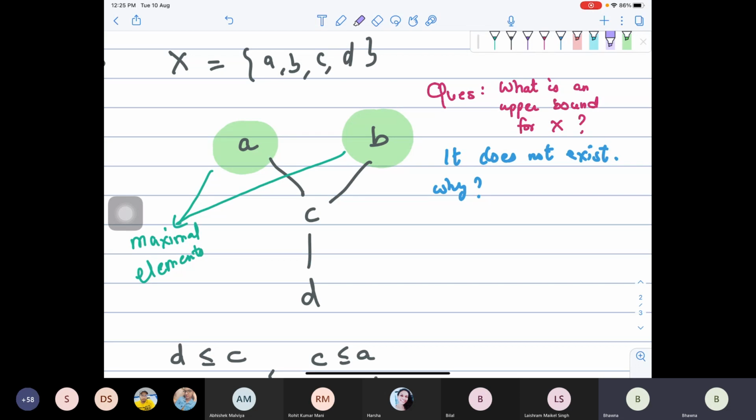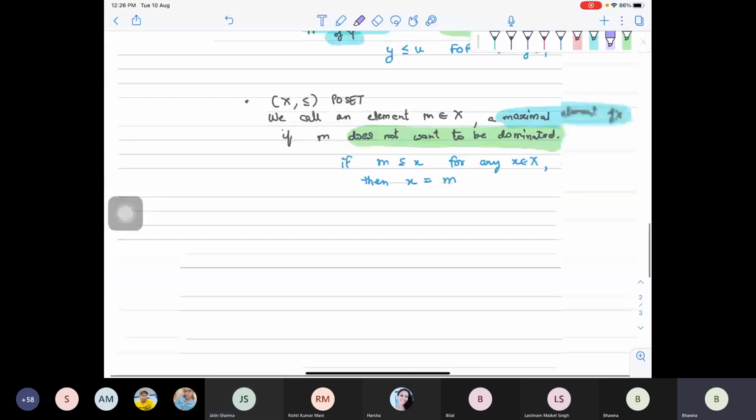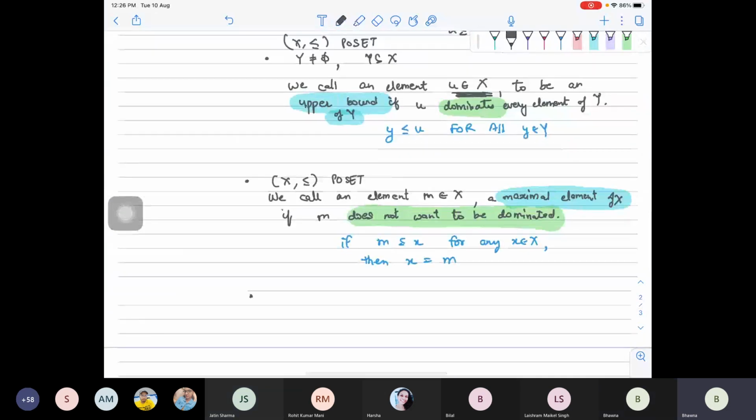That means a lower bound should be something which wants to be in the lowest part, that is, dominated by every element of the set. Does that make sense?